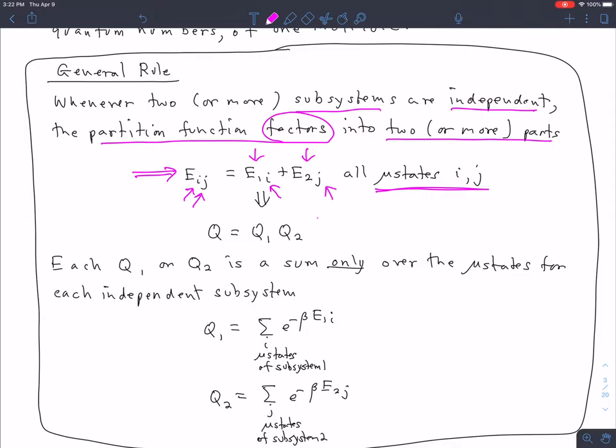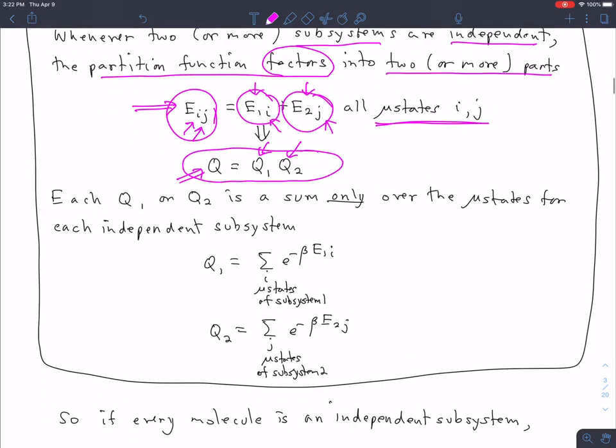When that's true, you can show mathematically fairly easily, we could do it here, but I won't bother, that the total partition function for the full system is just a partition function for subsystem number 1 times a partition function for subsystem number 2.